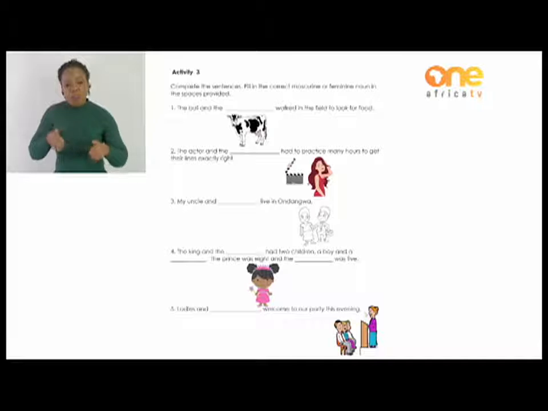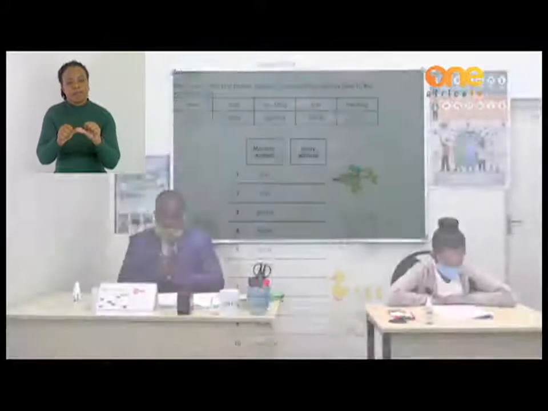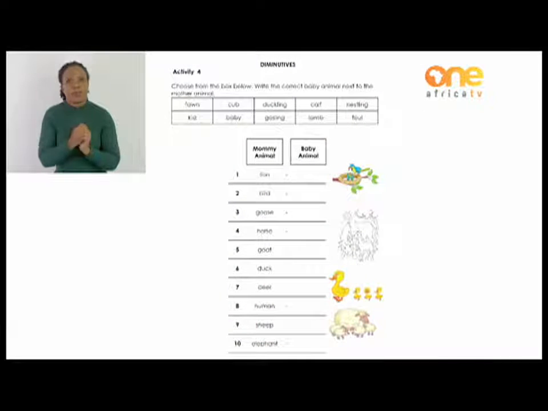Let's move on to activity 4, where you have to choose from the box below again. Write the correct baby animal. These are diminutives. The baby animal next to the mother animal. We have got fawn, cub, duckling, calf, nestling, kid, baby, gosling, lamb, and fowl.